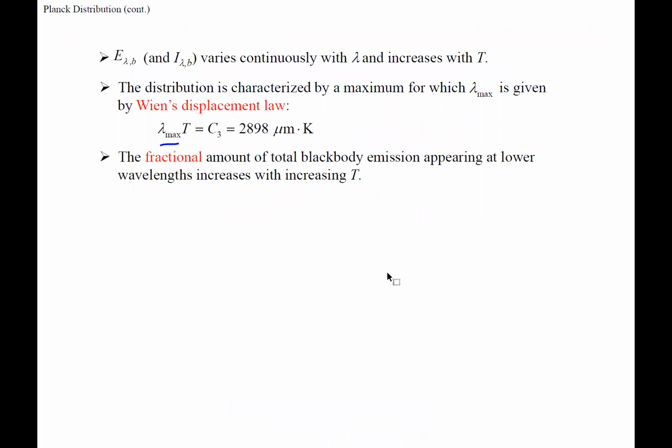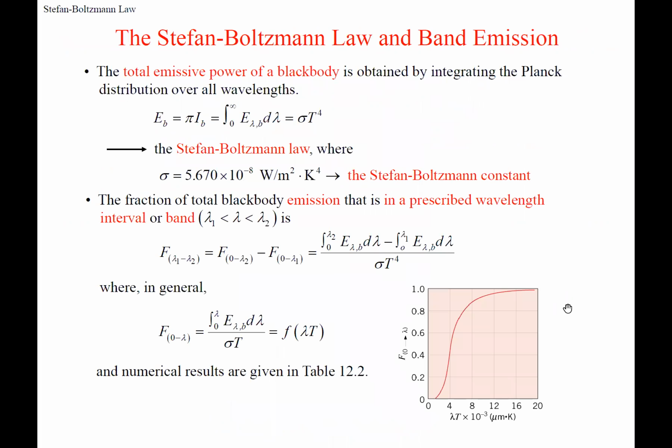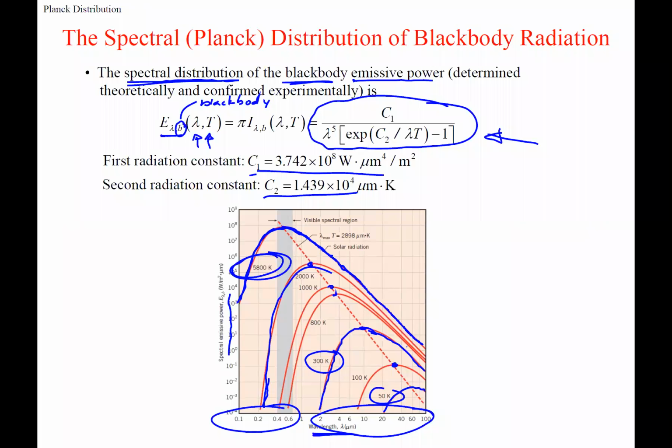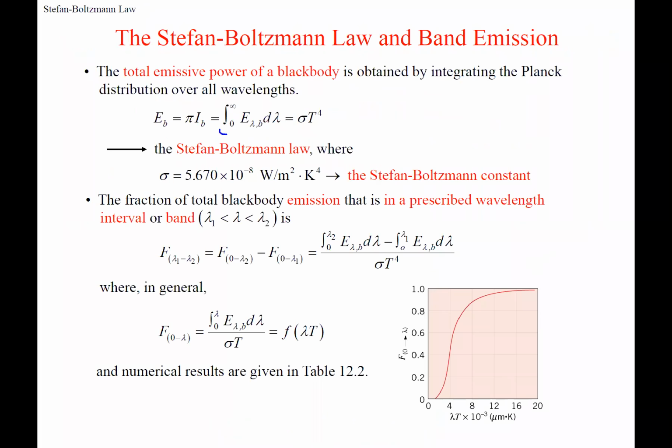Now, say we integrate this over the wavelength. If we integrate that function, keeping the temperature term still in there, over all the wavelengths, we get the Stefan-Boltzmann constant times temperature to the fourth.